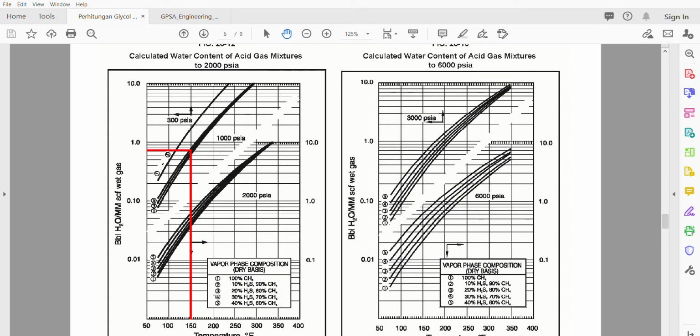So this one we use number 4: 30% of H2S and 70% is CH4. So we have a temperature here 150, and then the pressure is around 1000. This is 1000, and go to the left, and we come up with around 0.7 something, 74 or something. Probably I don't remember.